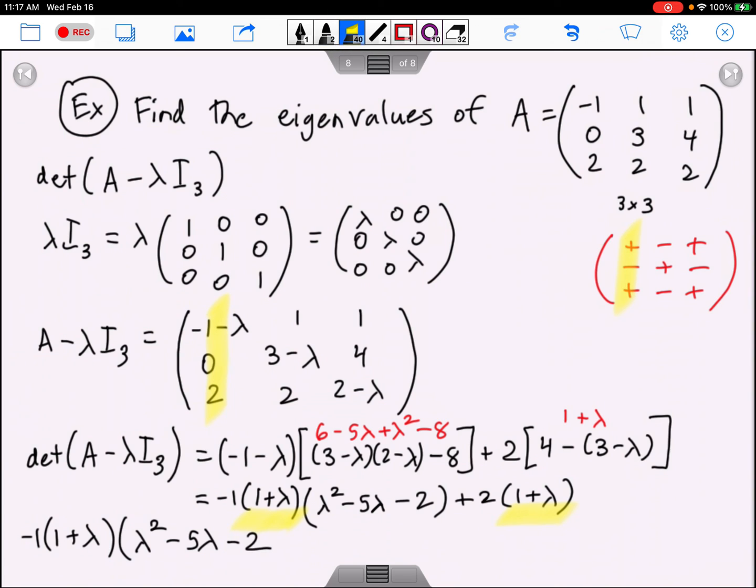And because I'm pulling a -1 out of this guy, I'm going to have left a -2 there. Okay. And so that gives me -1 times 1 plus lambda times lambda squared minus 5 lambda minus 4.